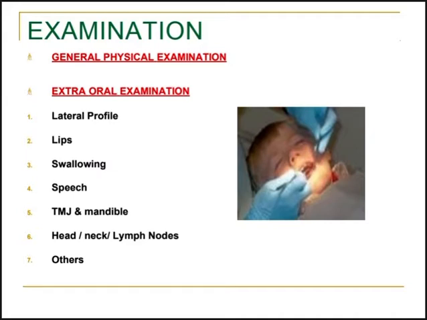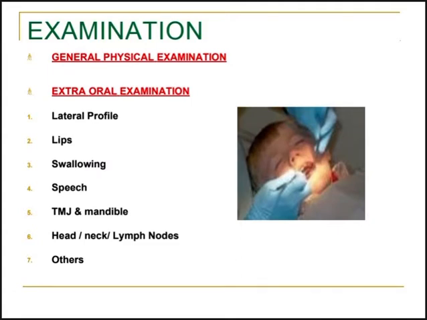Then speech, of course, you have to see whether he is talking normally, whether there is any blurring of any words or any alphabets, so that you have to make a note of it. Then TMJ, you have to check the TMJ for any deviations, for any clicking sounds when the mouth is opening and closing. You have to palpate the TMJ and see whether there is any clicking sound, any pain on opening, closing, any deviations.